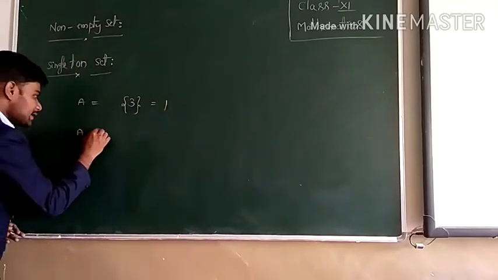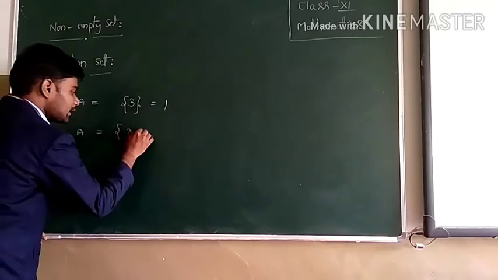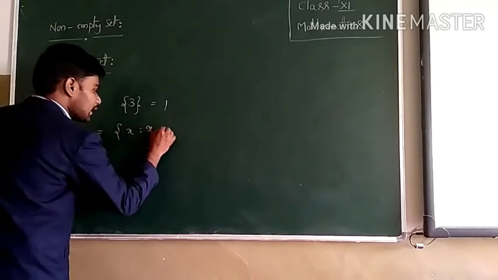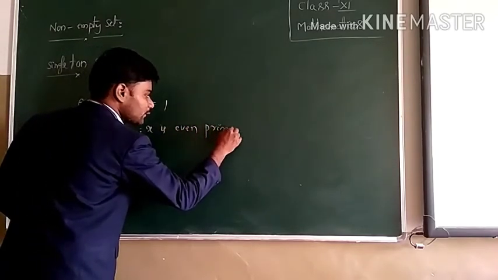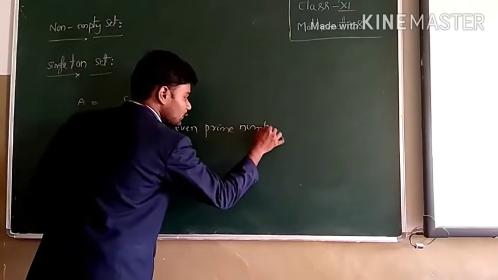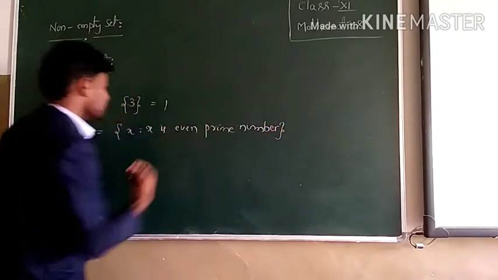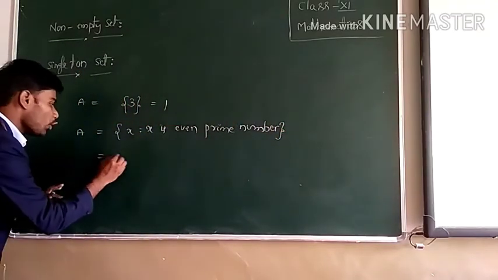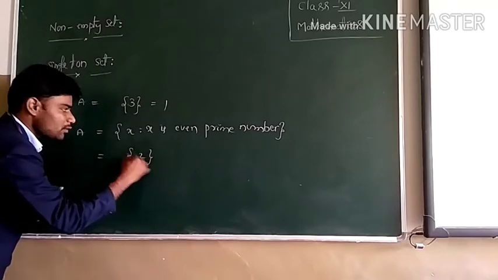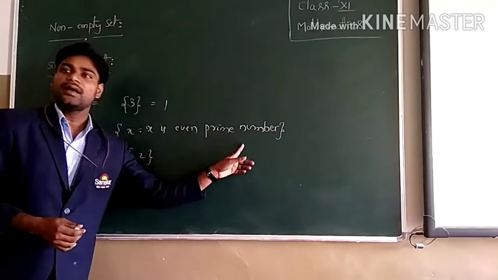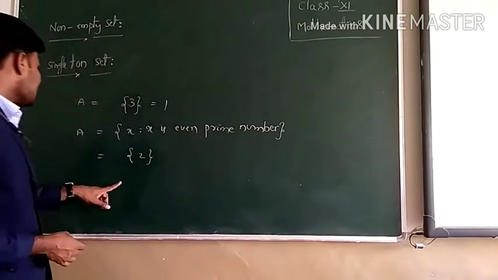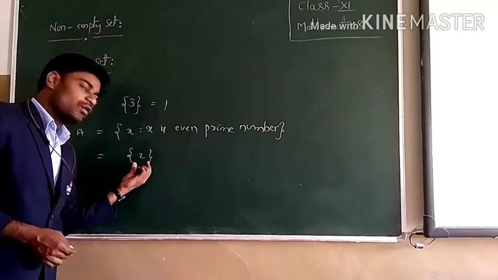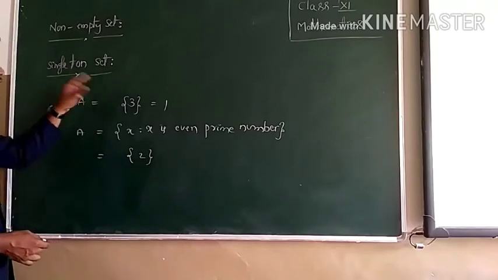Suppose a set A is defined as x such that x is an even prime number. Here this statement gives only one number, that is 2, because we have no more even prime numbers except 2. So that's why the set A has only one element. This is a singleton set.